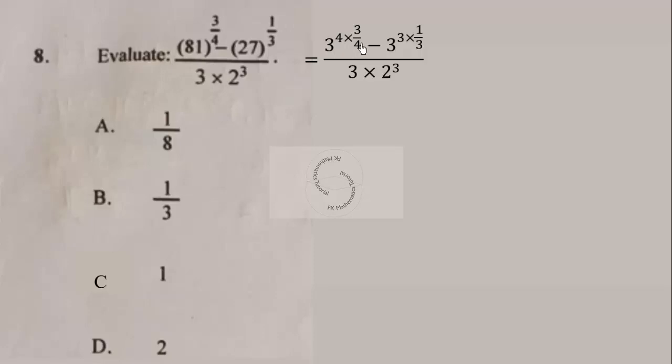So this cancels, this also cancels this. So we are left with 3 exponent 3 and 3 exponent 1. So 3 exponent 3 is 27 minus 3. 3 times 8 is 24. 2 exponent 3 is 8. So that will give us 24 over 24, which is 1.